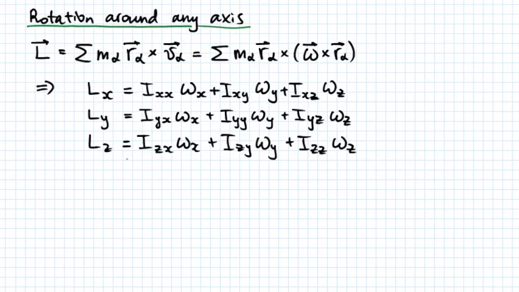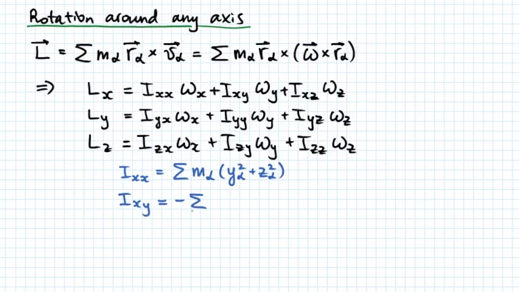The coefficients of proportionality, for example Ixx, are simply the sums or integrals of individual mass m alpha corresponding to the chunk alpha, times y alpha squared plus z alpha squared, and Ixy will be given by minus the sum of m alpha x alpha y alpha, and Ixz will be given by minus the sum of m alpha x alpha z alpha, which again will come just from plugging in the definition of the cross product above.